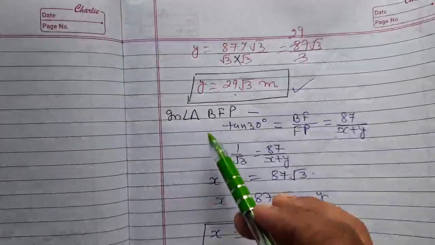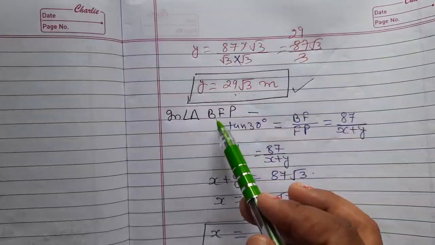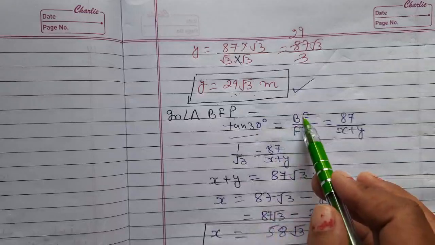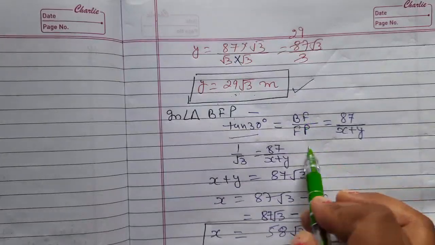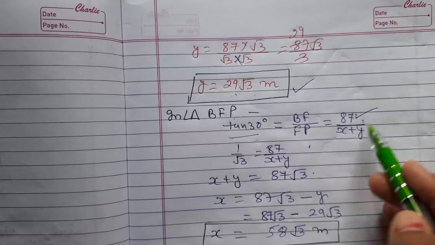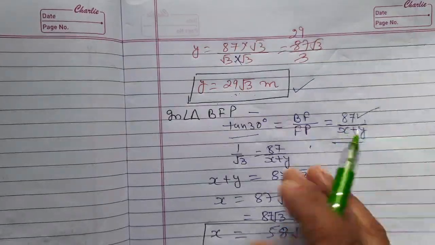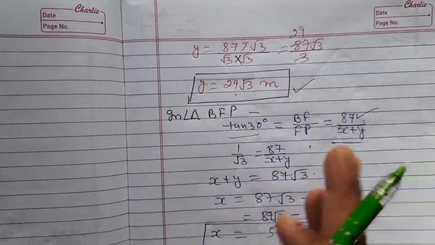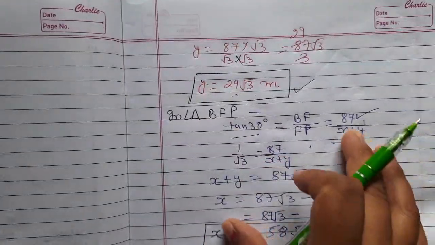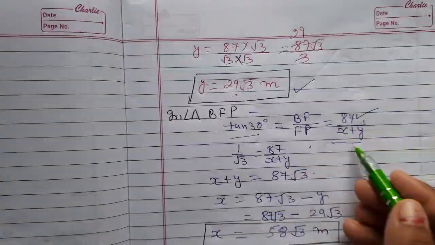Now we will try in triangle BFP, the bigger triangle, with 30 degree angle of elevation. Tan 30 equals perpendicular upon base, that means the height from the horizontal level, that is 87, upon the base, the complete distance, the distance of the first position of the balloon from the girl plus the distance traveled by the balloon. So x plus y.